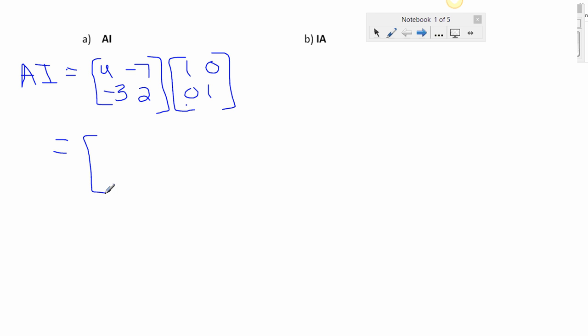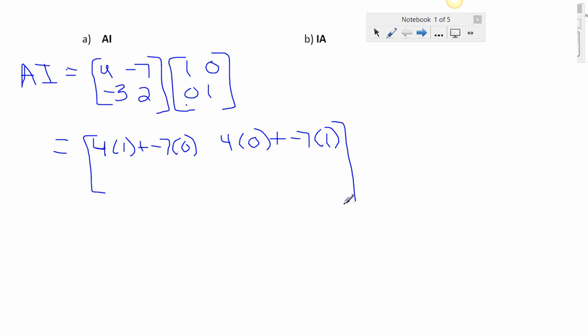So first row down the first column, right? So you should have 4 times 1 plus -7 times 0. So first row, first column. Now first row, second column. 4 times 0 plus -7 times 1.